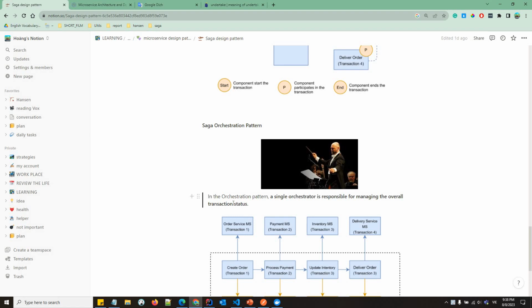When the order service makes an order, it emits an event to the coordinator, and the coordinator emits an event to the next step, which is the payment service. When the payment service succeeds, it emits an event to the coordinator, and the coordinator emits an event to the delivery service. So that's it.